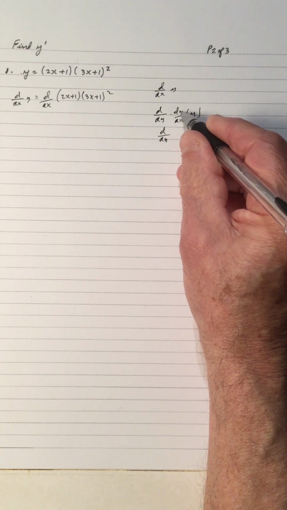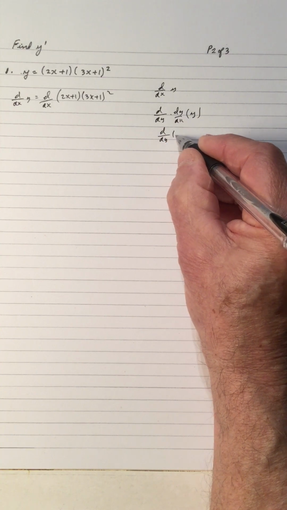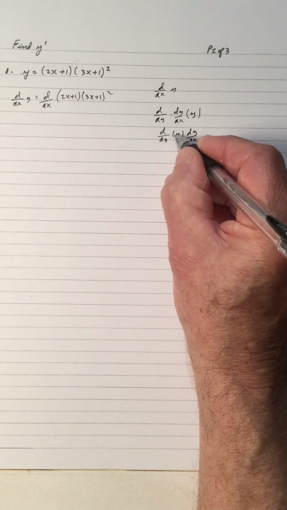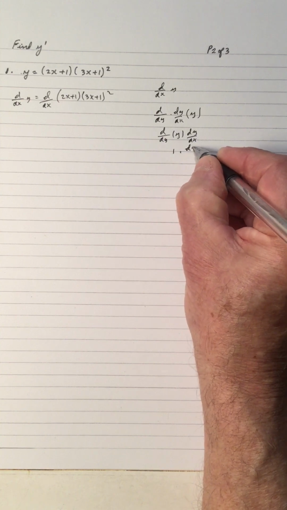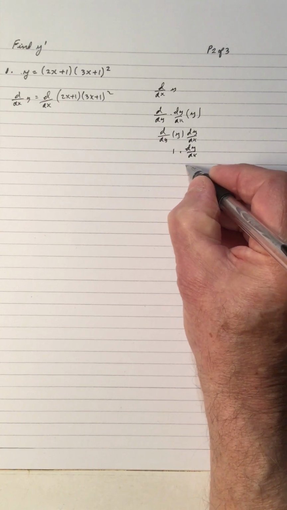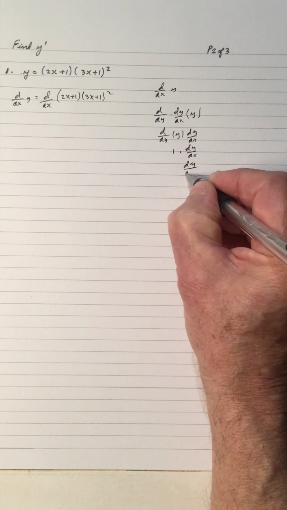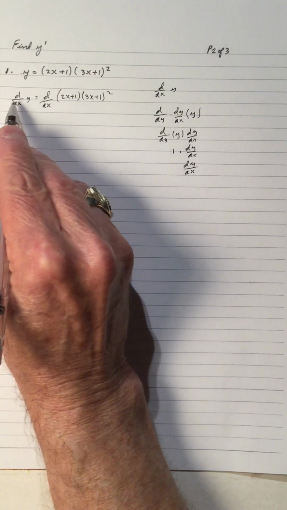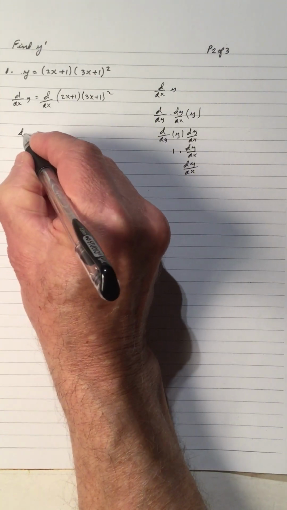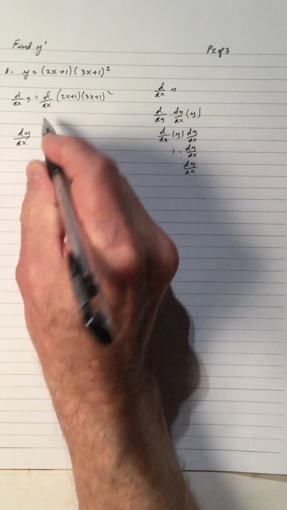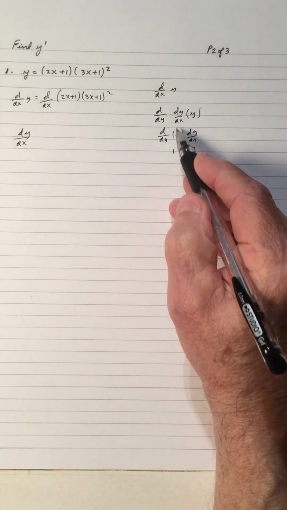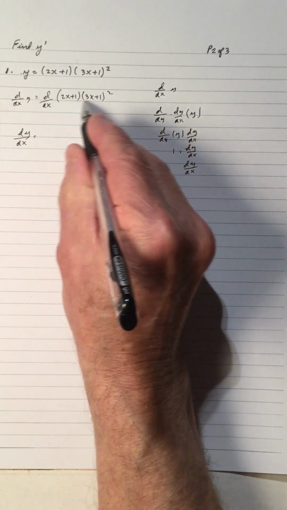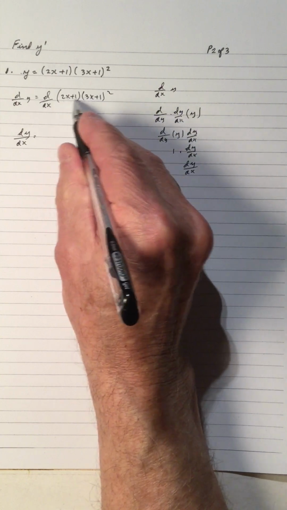I should have reversed those. The derivative of y with respect to y is 1, so it becomes 1 times dy dx, which is dy over dx. So automatically, we can put dy dx just like that, but there's the mechanism for working it. Y becomes dy dx.